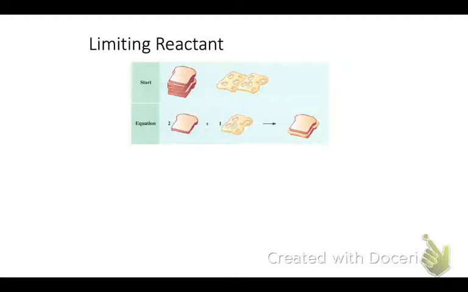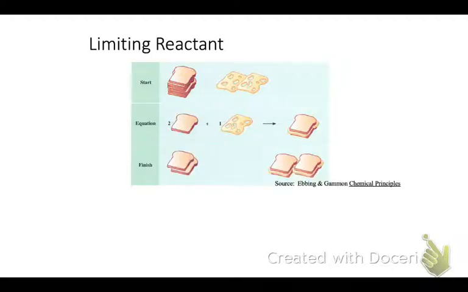Immediately you know, well, based on my recipe, the maximum I can make today will be 2 sandwiches. I will have extra bread, but all the cheese will be consumed. So you just did limiting reactant by looking at a very simple example, right?